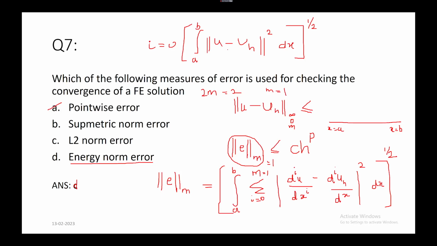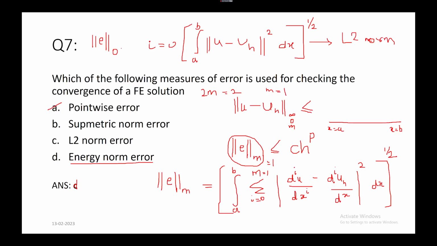Here, this is nothing but your L2 norm error. That is why we have this subscript of 0, because you have only the primary variable term and we do not have any differential terms.